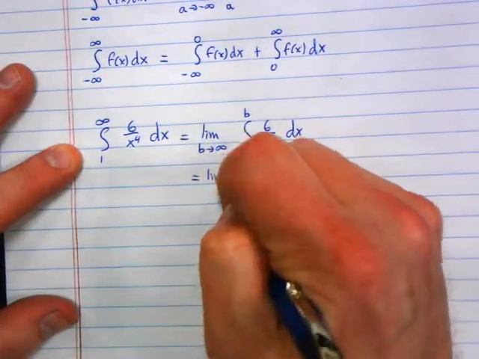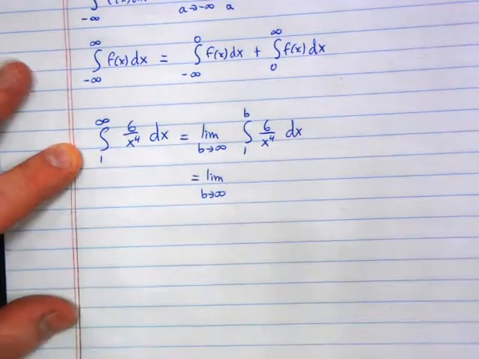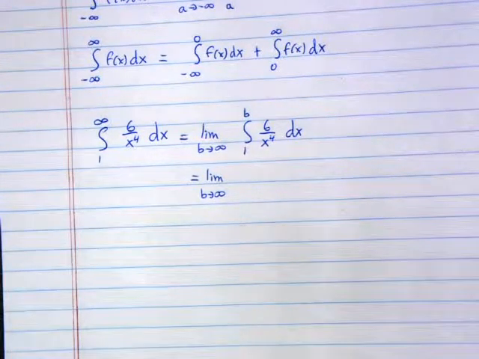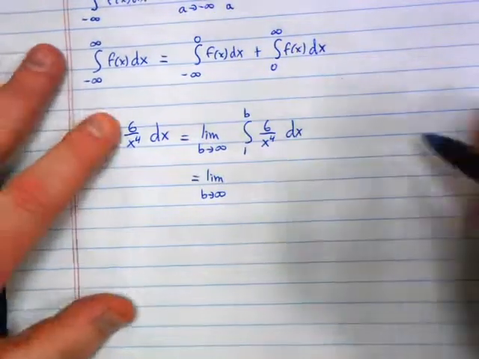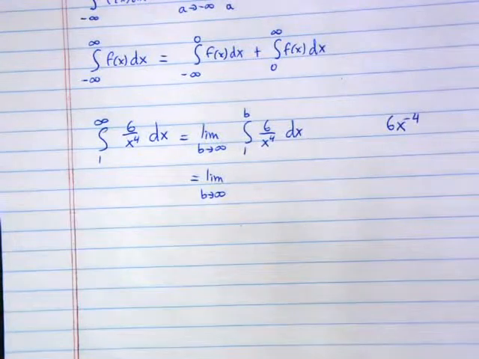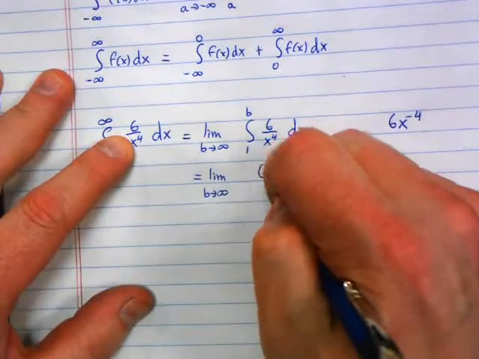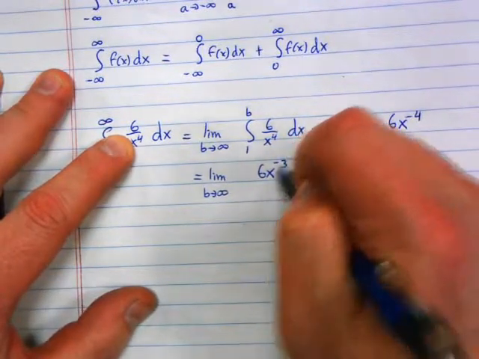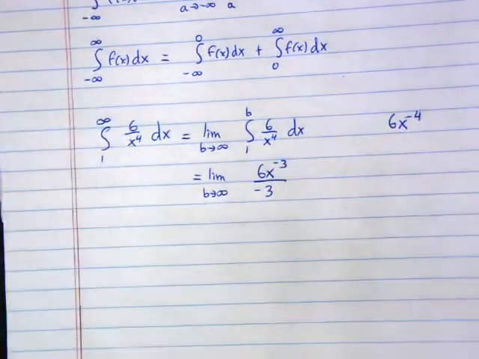You take the antiderivative. What's the antiderivative of 6 over x to the 4th? Think of it as 6x to the negative 4. So you add 1 to your power. That's going to give you 6x to the negative 3, and then you divide by negative 3.